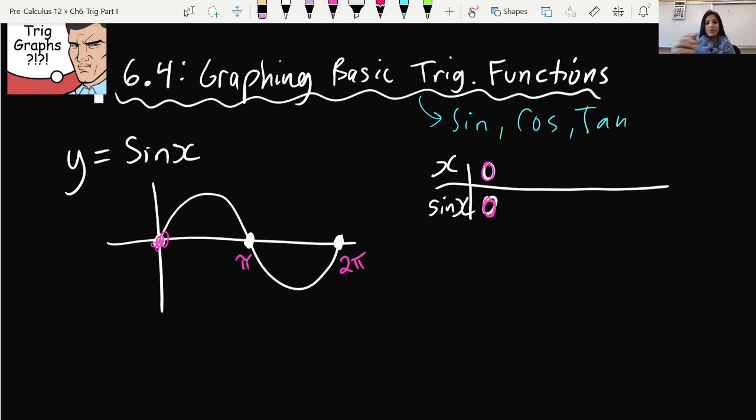So again, a full rotation would be 2 pi when we're thinking radians. Remember that that's also the same thing as 360 degrees. So if our x value is pi, then our y value would be 0. And if we went up to 2 pi, the y value would be 0.